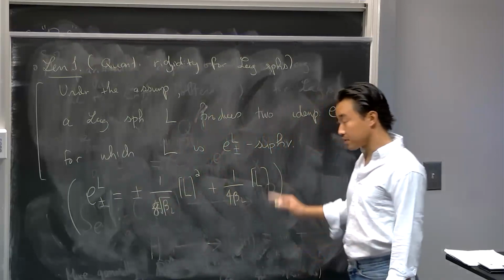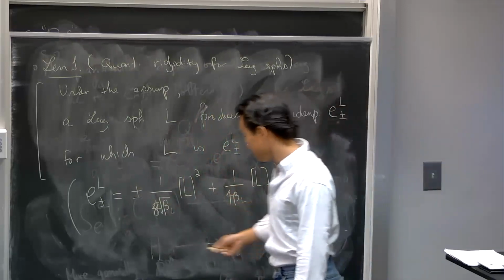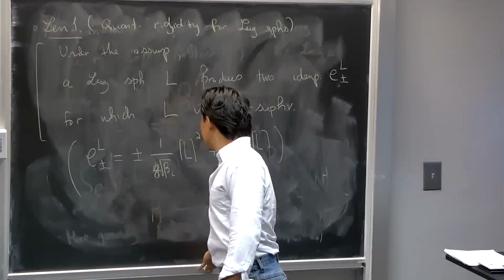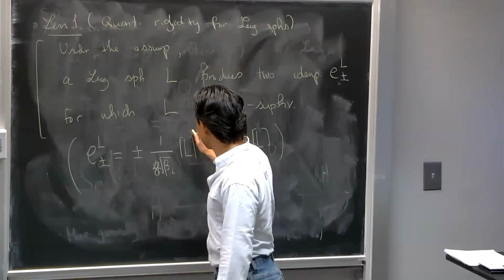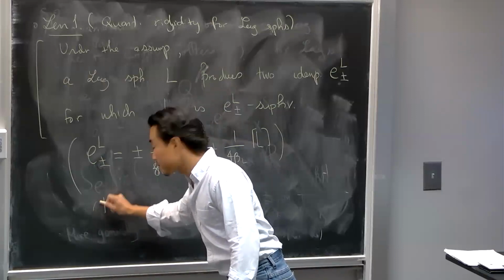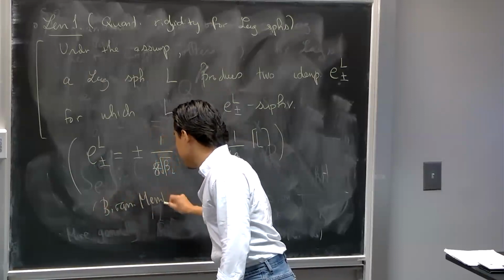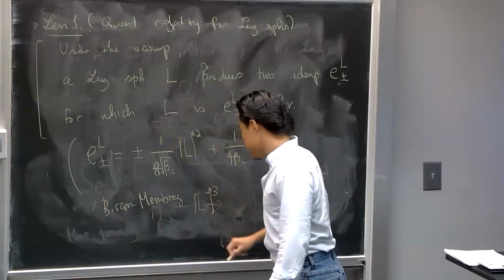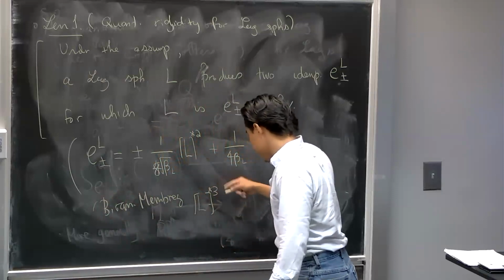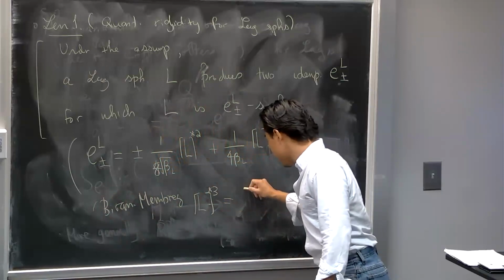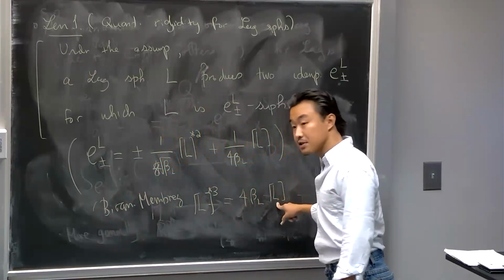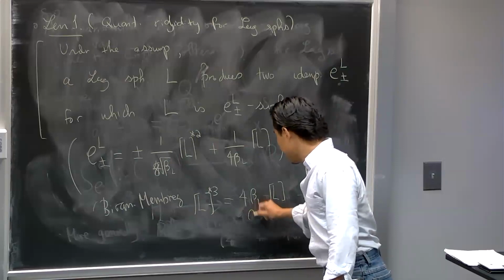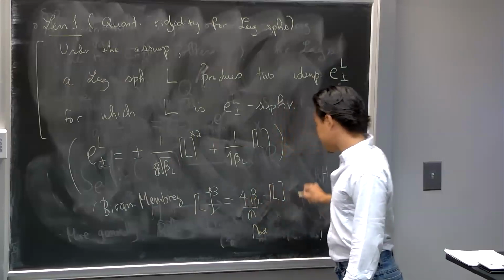There's a precise description. And why is this possible? There's a result by Biran and Membrez that they call the cubic equation, which says that if you take the quantum cube of the Lagrangian sphere, then you'll get back the class of the Lagrangian with some constant in the Novikov field.